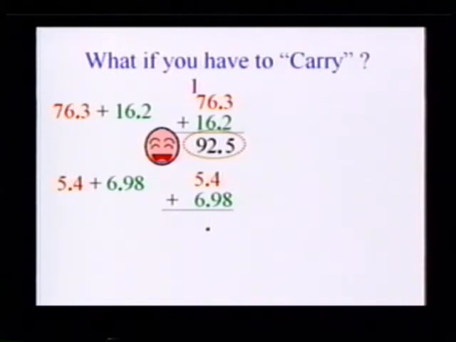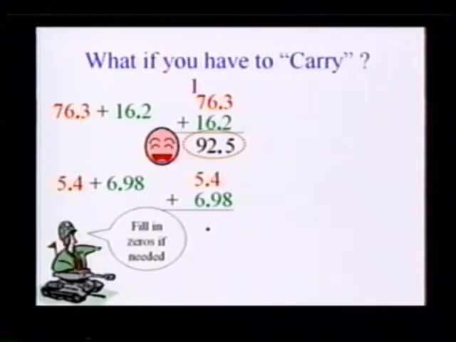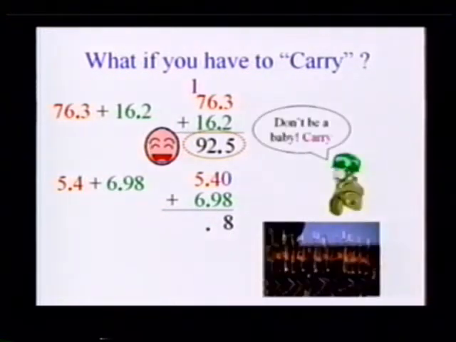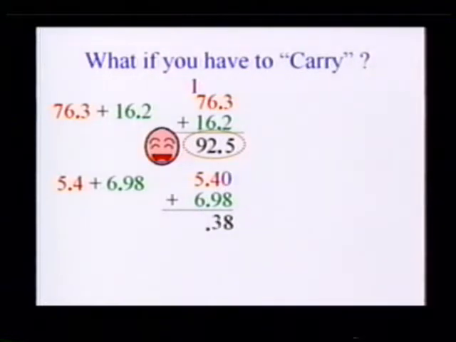That's for addition. Now, fill in zeros if you feel that you need to. In this case, I put a 0 there. 0 plus 8. There's the hundredths. Now, what about the tenths? Same deal you've been doing before. I'm going to have to add them up. They add up to 13. I'll put the 3, and then I'll carry the 1.